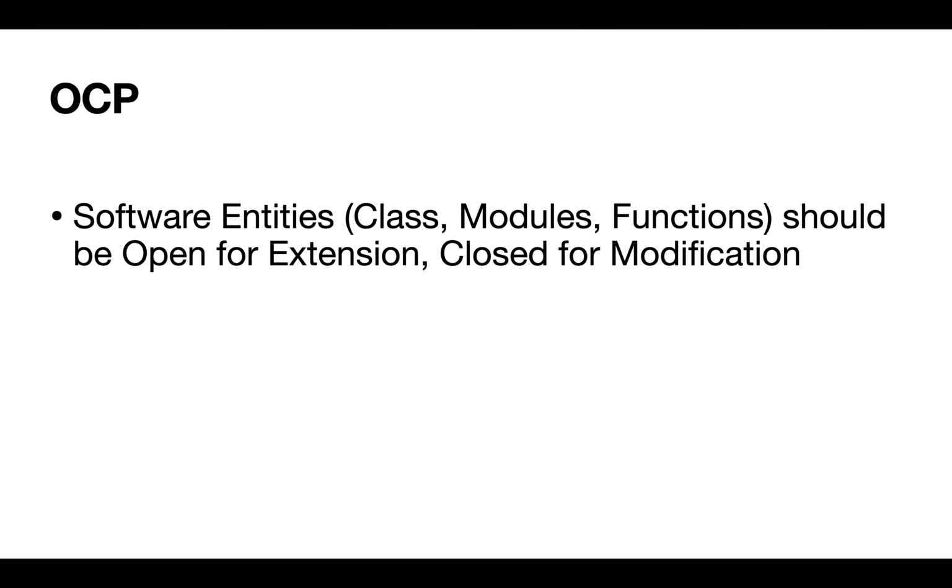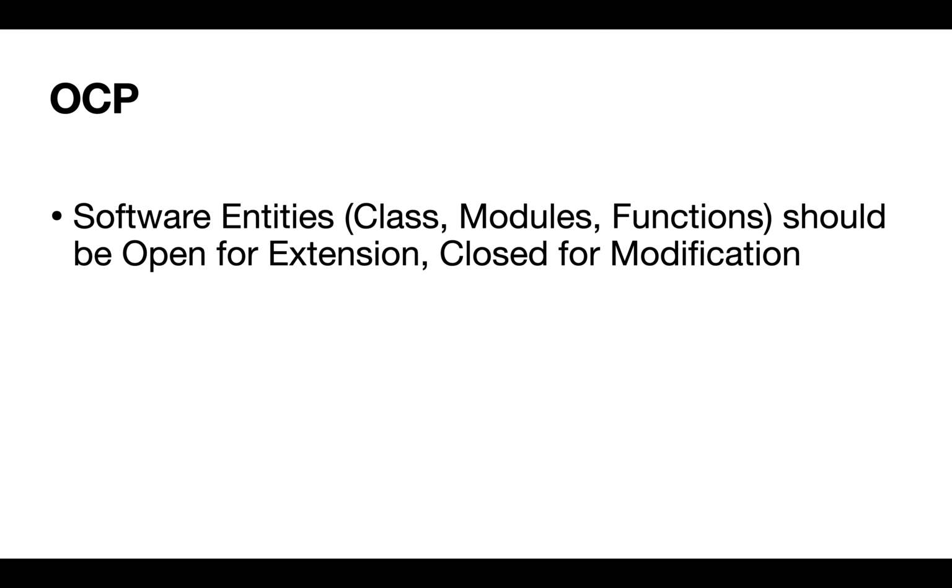So what does this OCP tell? Any software entity, that means whether it's a class, module or function, should be open for extension but closed for modification. So open for extension and closed for modification.